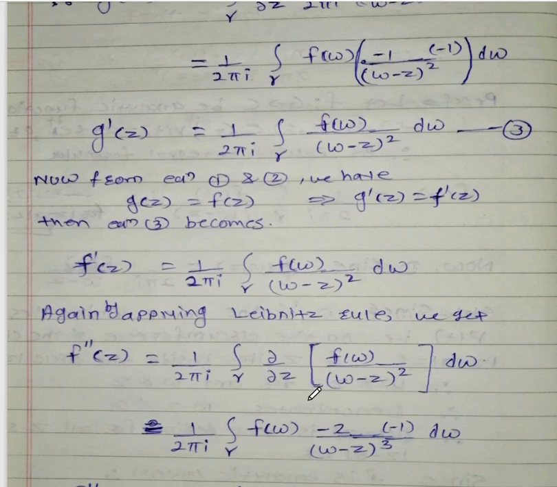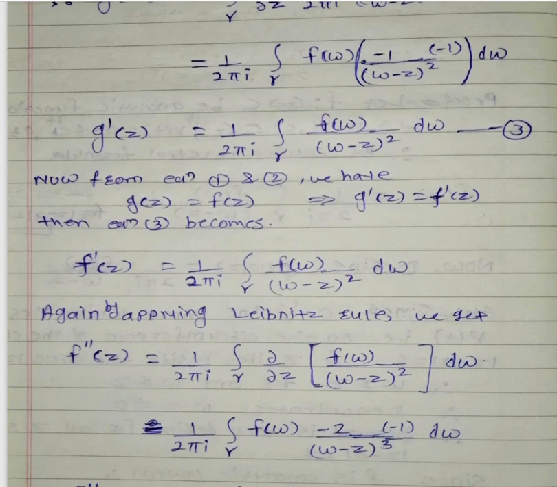So take the differentiation with respect to z of this term. 1 upon 2 pi is a common, constant term outside of the integral over gamma. Here f of w we will take as common. So differentiation with respect to z gives minus 2 upon (w minus z) to the power 3 into the derivative of w minus z, that is minus 1, dw.